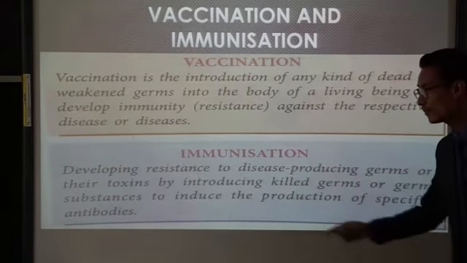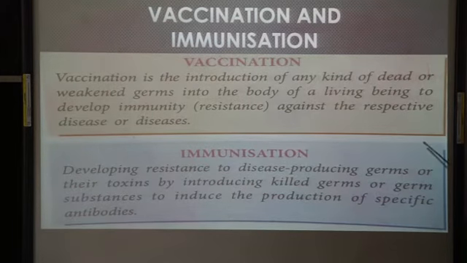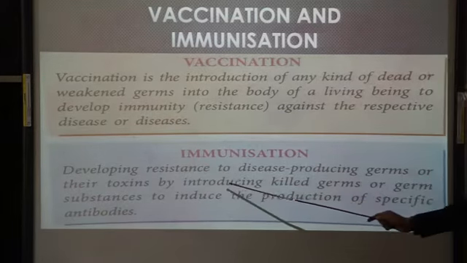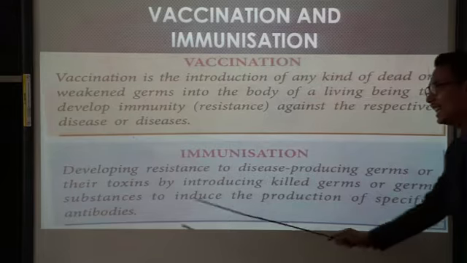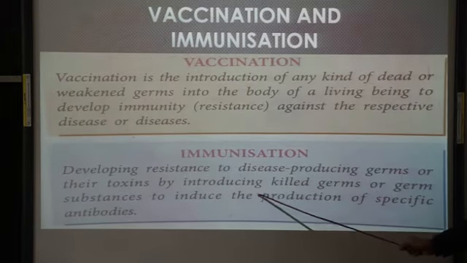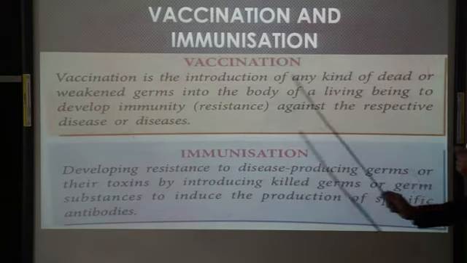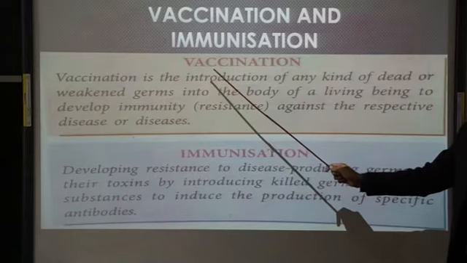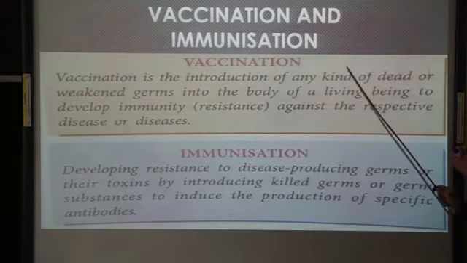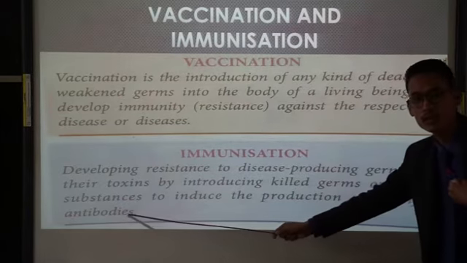So what is immunization? Developing resistance to disease-producing germs or toxins by the introduction of killed germs or germ substances to induce the production of specific antibodies. So what does immunization mean? Think very carefully. During vaccination, we are taking the dead or weakened germs. After introducing those germs into our body, it will develop antibodies.